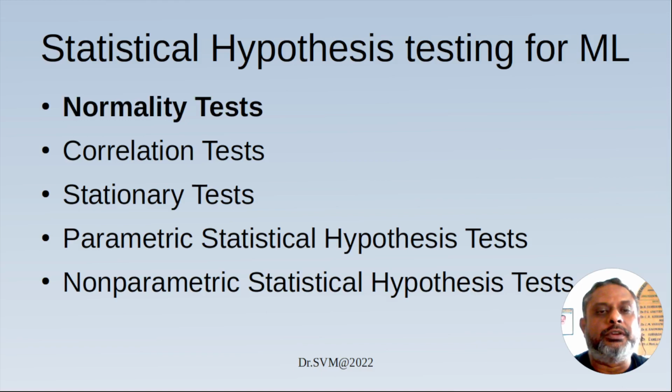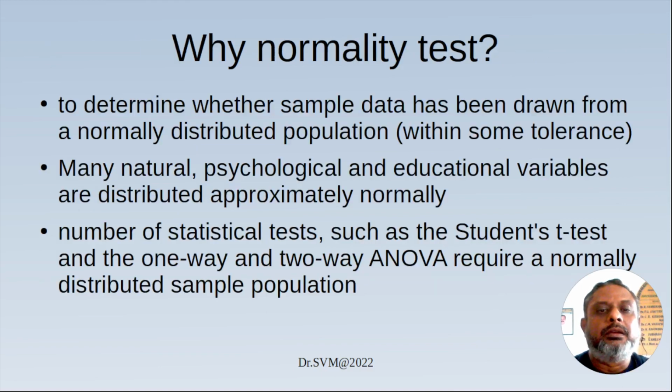Now let's jump into the first group, where we are trying to test whether the given sample is normal or not. That means whether it is a Gaussian distribution or not. So the first question is, why do we need to do this normality test?